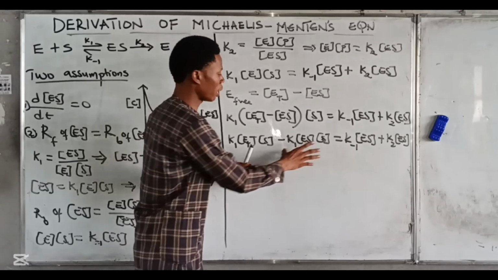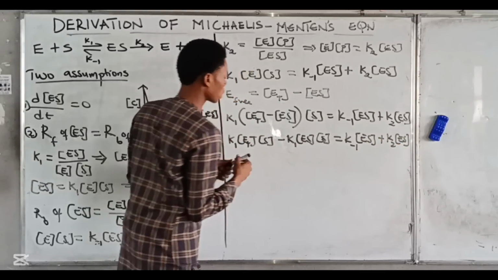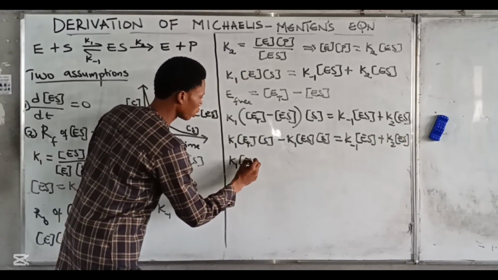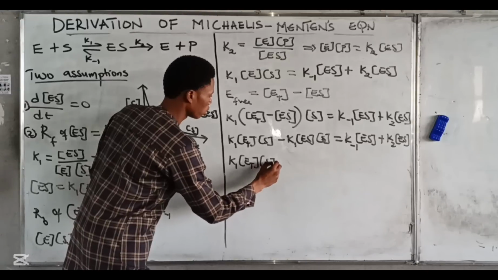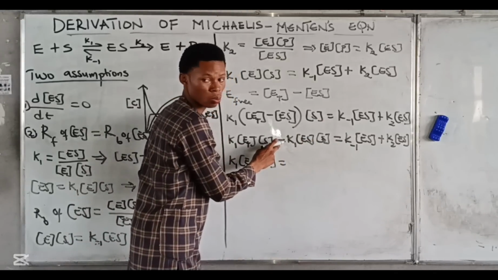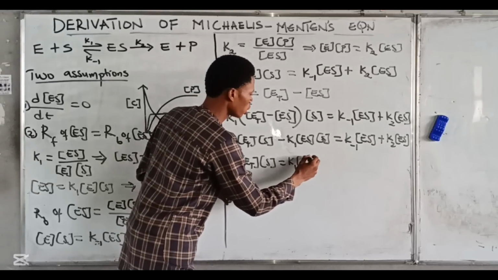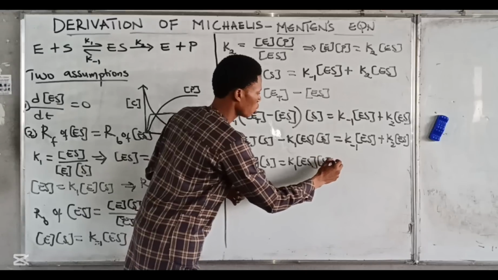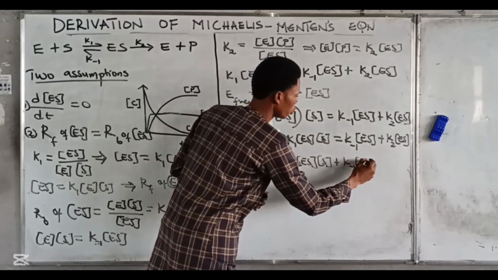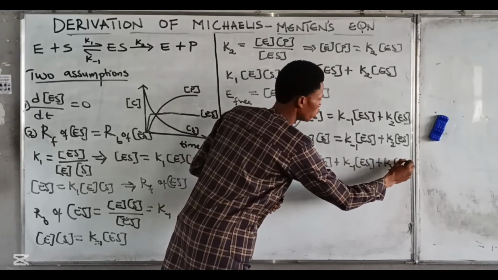Now, the next thing we have to do is, I will rearrange the equation by taking this one to the right hand side and leave this one here. So I'll just take this one to this other side. So here I'll be left with K1 E total equal to, if I'm taking this one to this side, it becomes what? Plus, right? Because it was minus here. So I'll be having K1 ES S plus K minus 1 ES plus K2 ES.